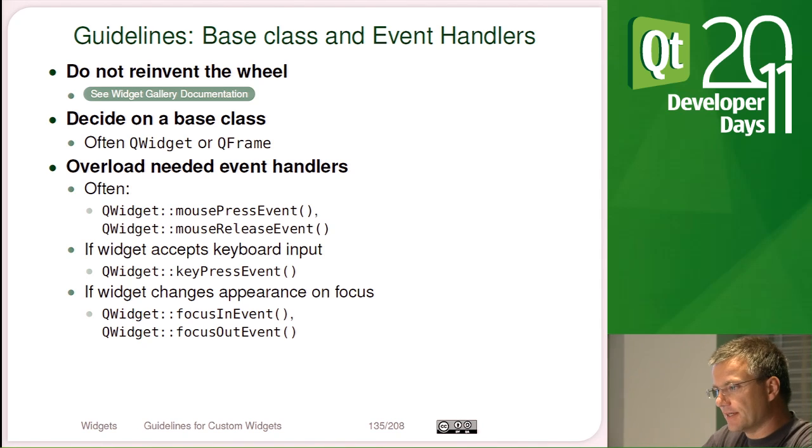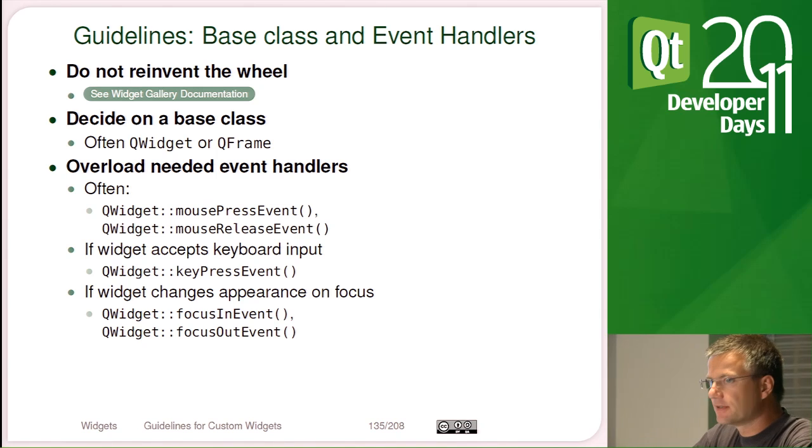Once you decided about the base class, you have to think about the event handlers. How is the user interaction of your widget with the user? How can he interact with the mouse and keyboard? That means you have to override the mouse press, mouse move, and mouse release events.